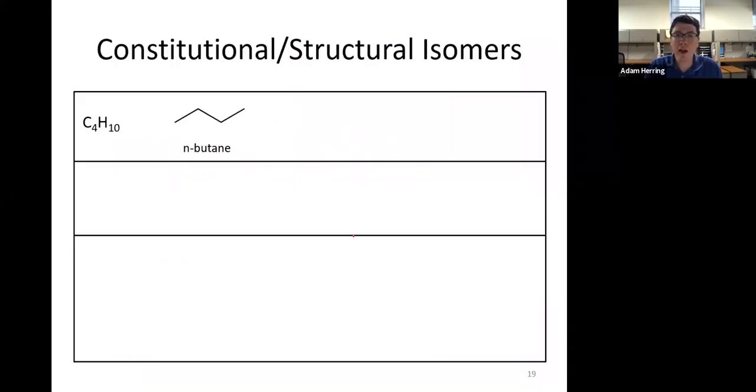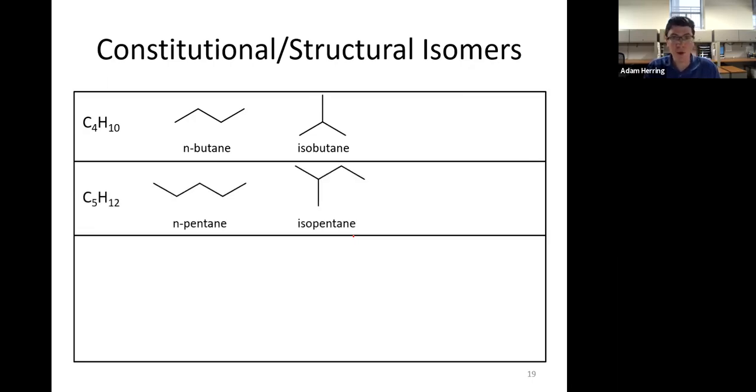If we can look now, here's some different examples of constitutional or structural isomers. We have butane that can be either straight-chained or branched as isobutane. Pentane can either be straight-chained, have one branch as isopentane, or two branches, neopentane.